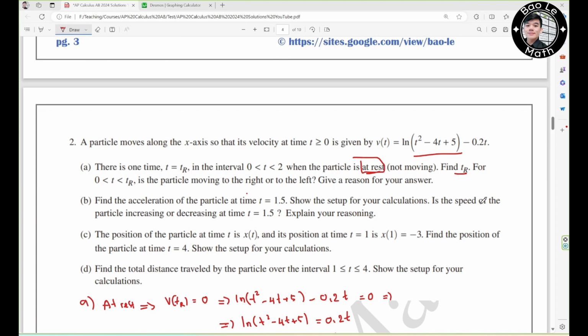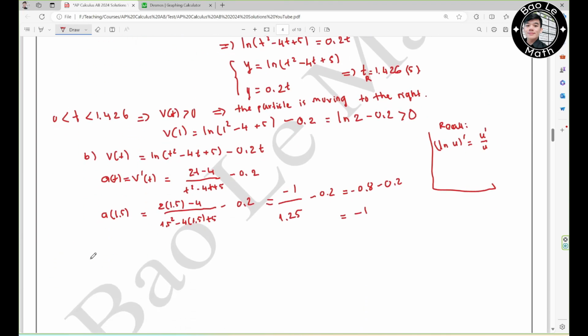Now, is the speed of the particle increasing or decreasing at time t equals 1.5? Alright, so we need to find the velocity at 1.5. It's going to be natural log of 1.5 squared minus 4 times 1.5 plus 5, minus 0.2 times 1.5. Alright, so we're going to use a calculator for this one.